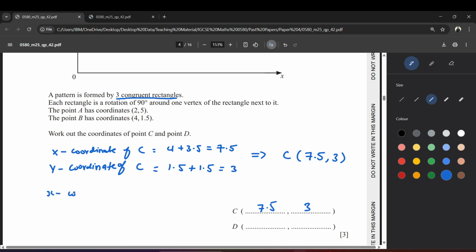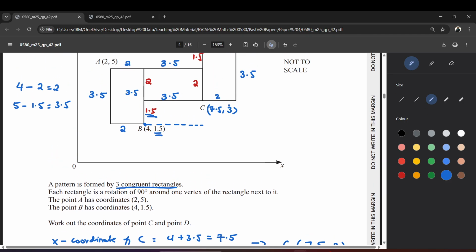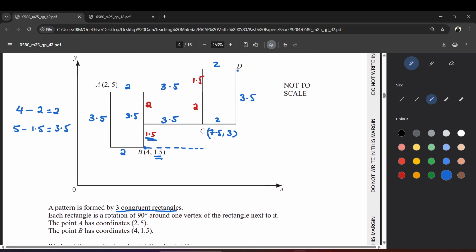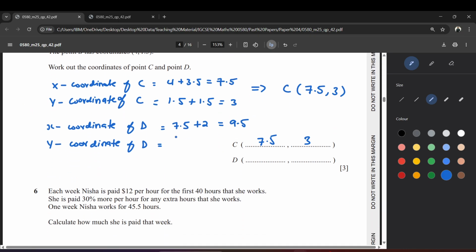So x coordinate of D equals 7.5 plus 2, which is equal to 9.5, and then y coordinate of D is, so here we have 3 and I have to add 3.5, so I'm going to get 6.5. So therefore this will be 9.5 comma 6.5.